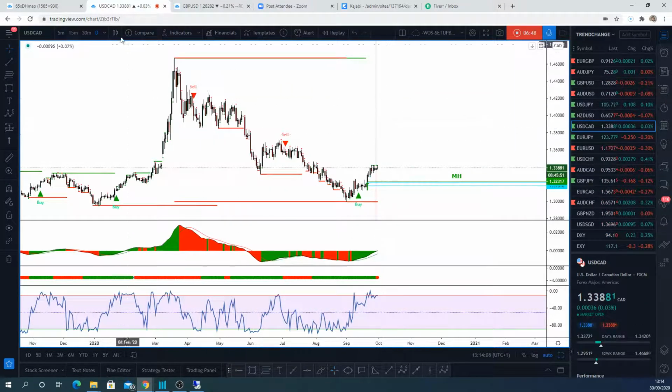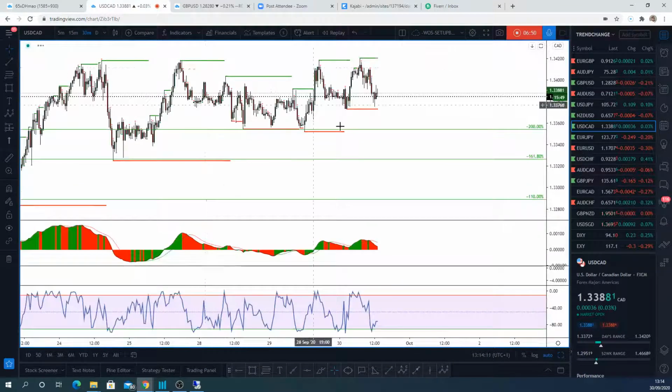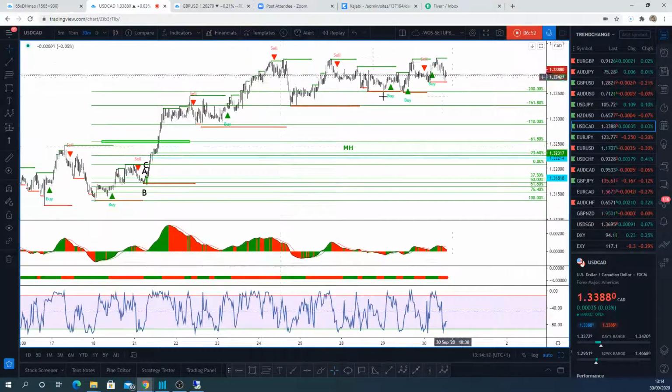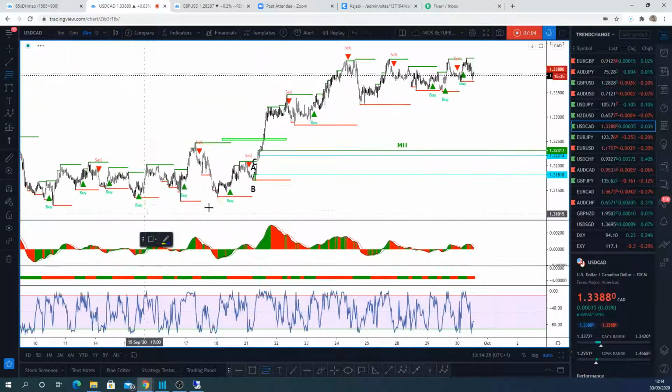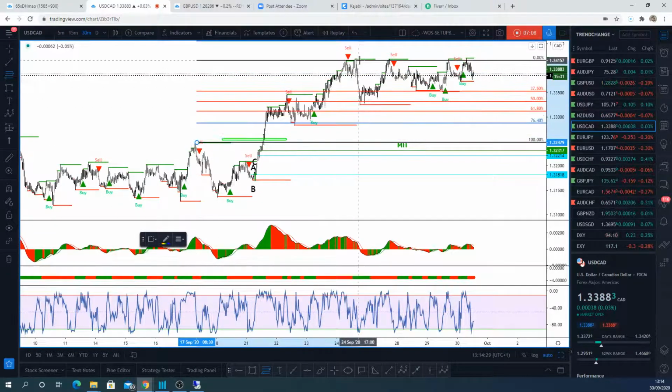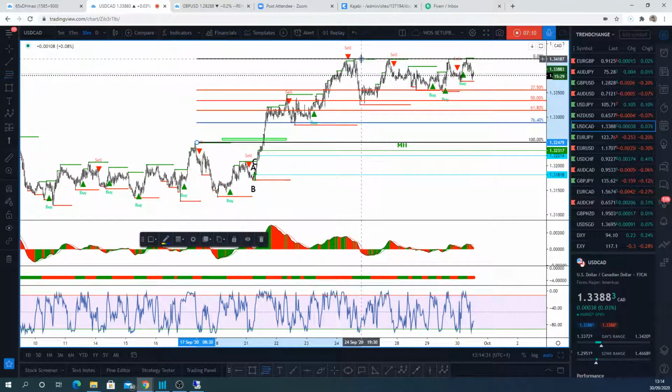Okay, so we can see price is in a range. Price has hit above the 200%. So this has been a strong one. This is easy to trade now. You can use the measure move as a way of entering. So ABC. So we can use the tool to find the 50%.